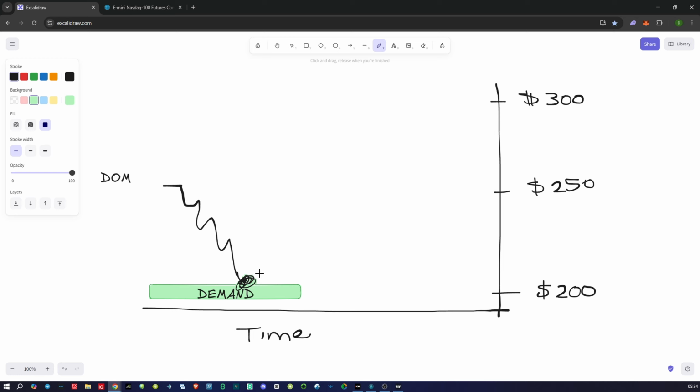But let's say the person owning the shoes doesn't want to sell at 200 because they see the big demand here. This demand is very big. It's growing, basically. A lot of people are interested in the price there.